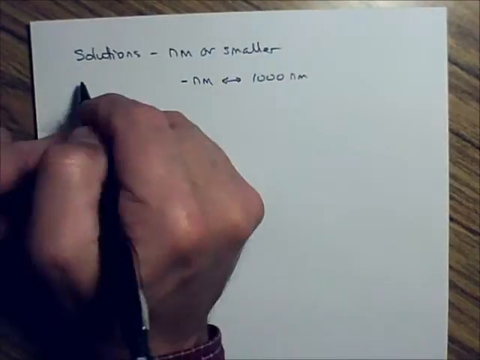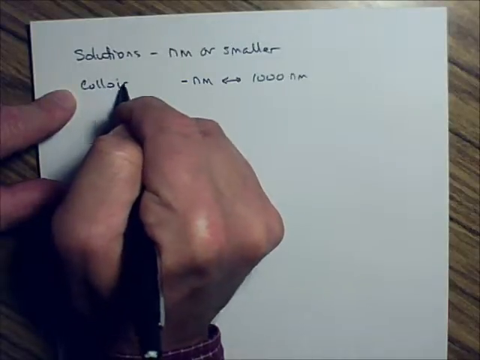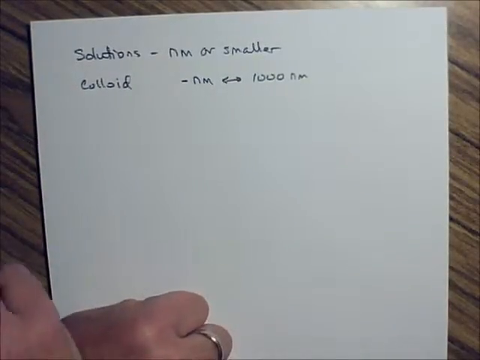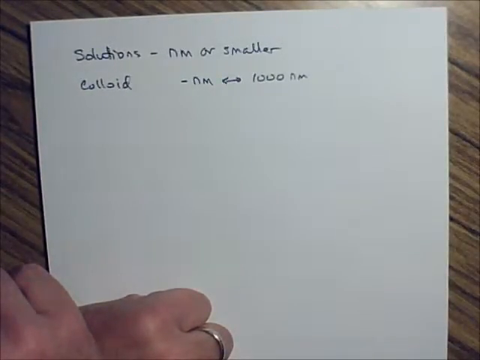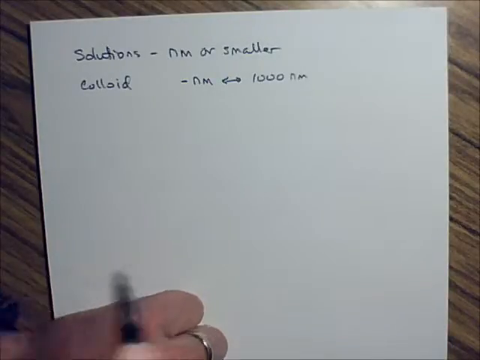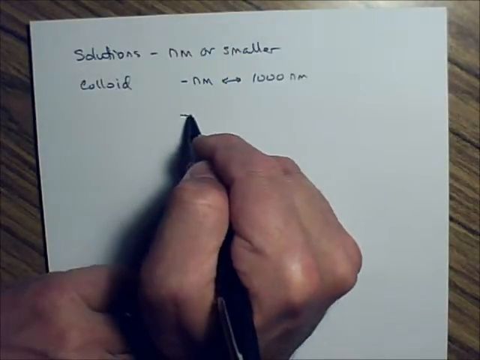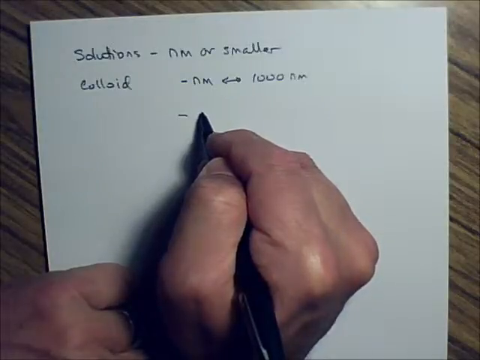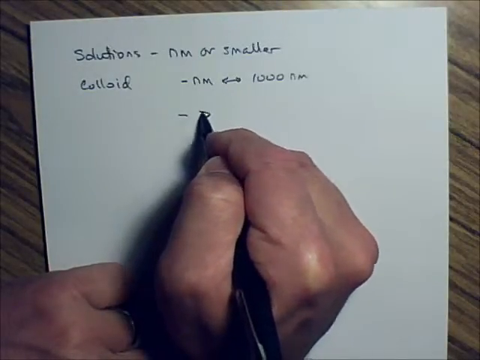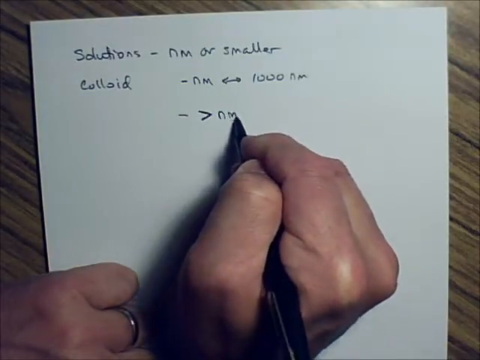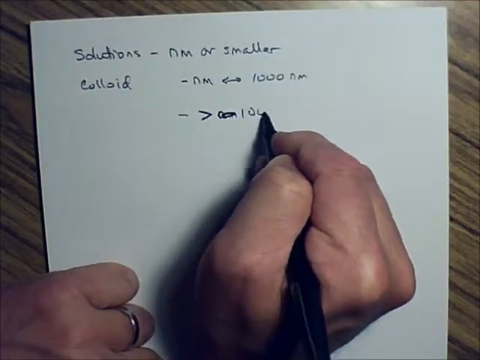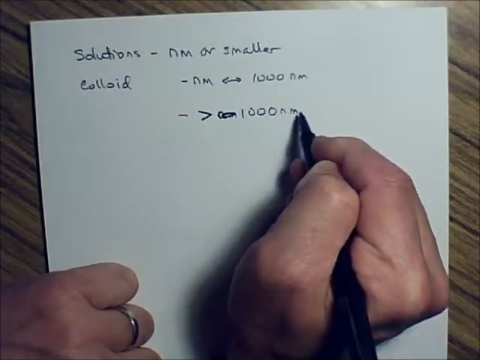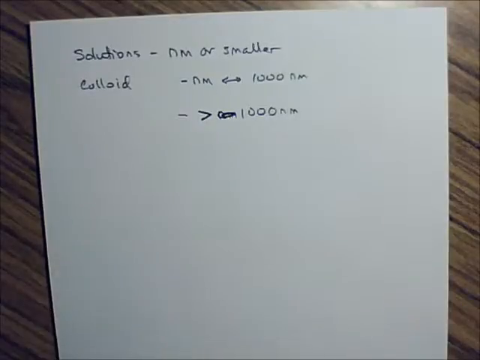That's called a colloid. Now, if the particles are larger than 1,000 nanometers, we no longer even have a colloid.